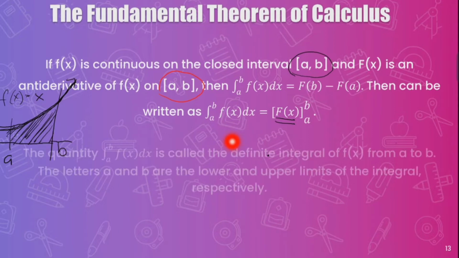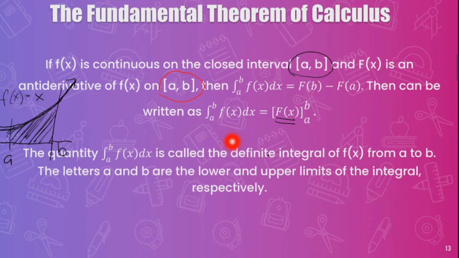Let's proceed. So the quantity of the integral from b to a of f of x dx is called the definite integral. Every time na meron tayong limit na tinatawag, at yung integral sign natin is merong b to a, definite integral po yan.